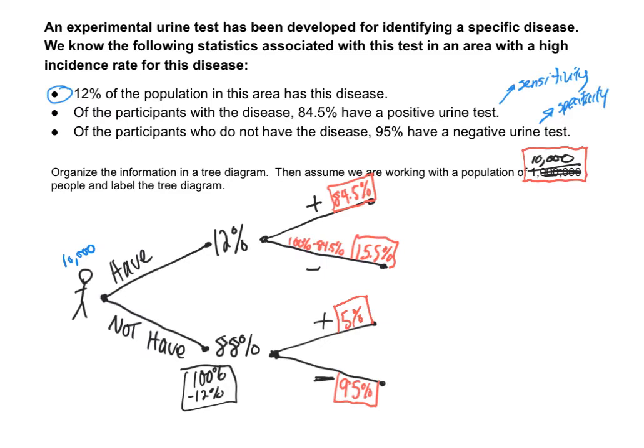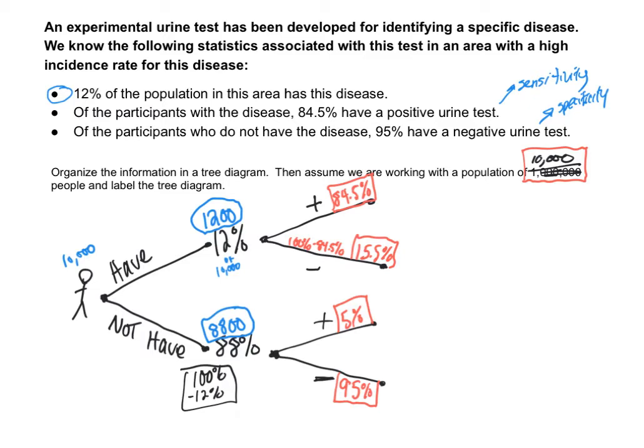Well, 12% of 10,000, 10,000 times 0.12, is 1,200. So there are going to be 1,200 people in this population that have the disease. Meaning the remaining individuals, if we take 1,200 away from 10,000, 8,800 of those do not have the disease. And you could have also found that by taking 88% of 10,000.